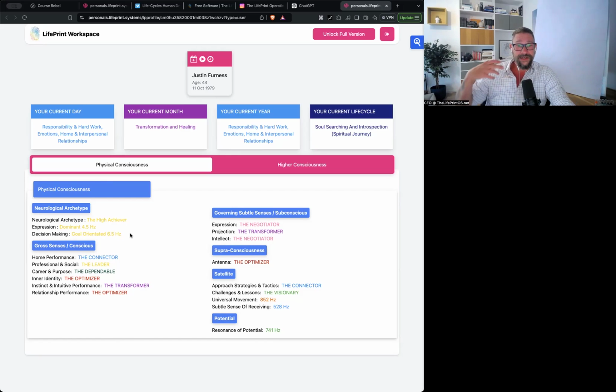We can make decisions based on left-brain functioning: very rational, direct, logical, systematic, and efficient. That is goal-orientated. I have a goal, I'm being rational, I'm looking at it logically, I'm planning, strategizing, and being efficient, wanting to get from point A to point B.